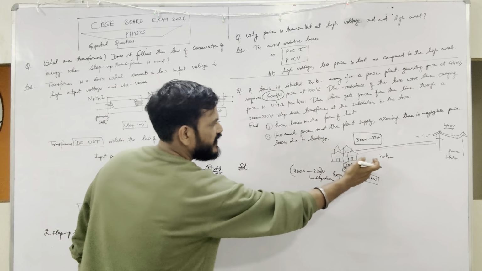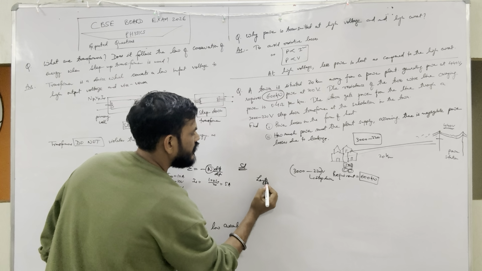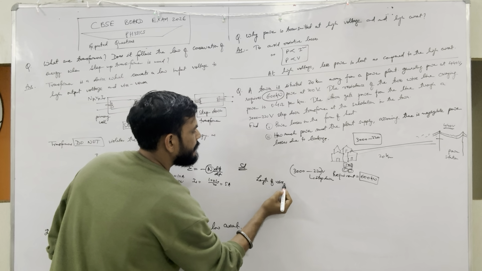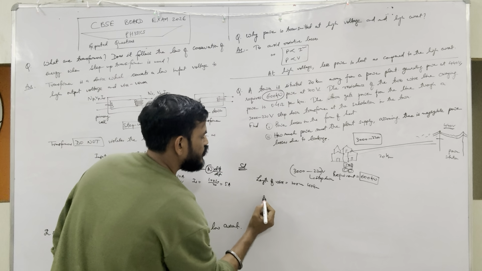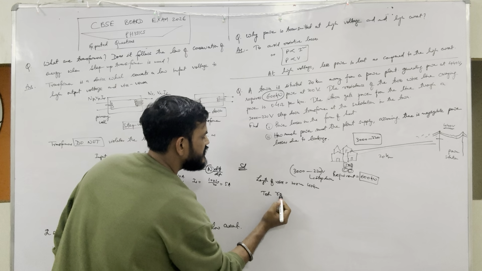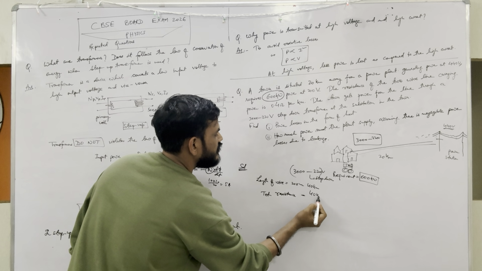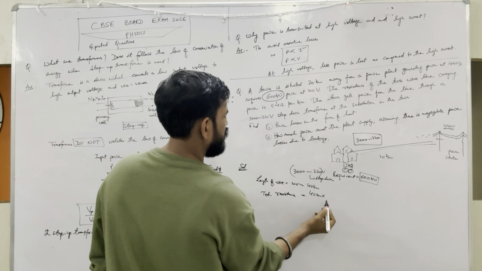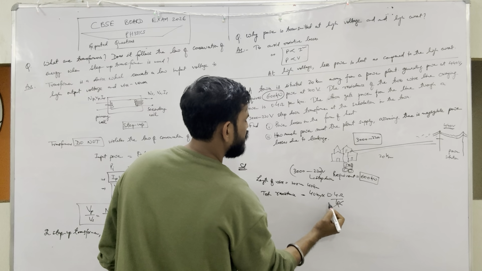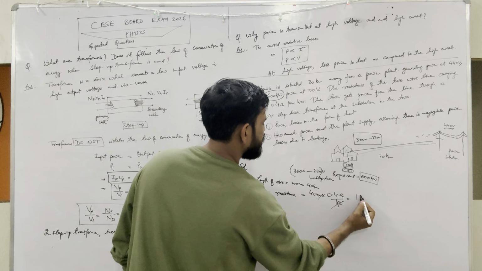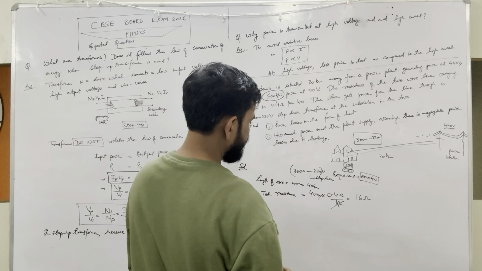There are two wires 20 km long, so the total length of the wire is 20 into 2 equal to 40 km. Total resistance is 40 kilometer into 0.4 ohm per kilometer. Kilometer cancels, so you have 16 ohm.